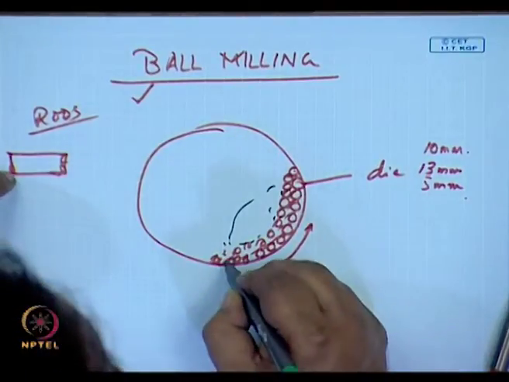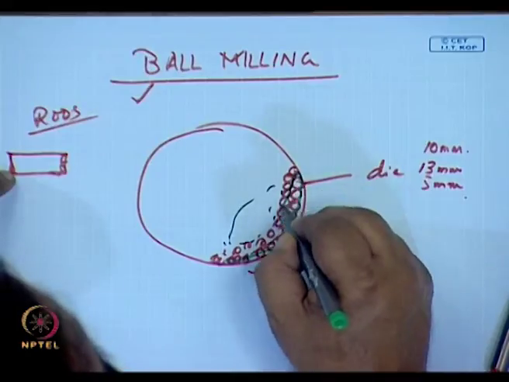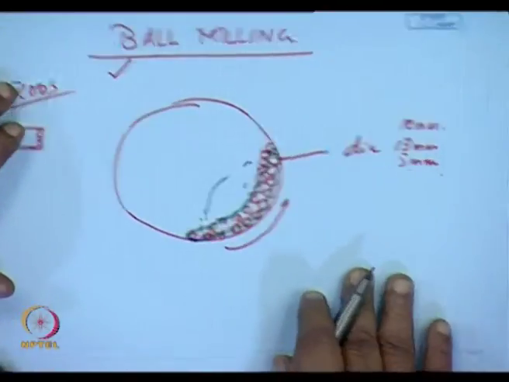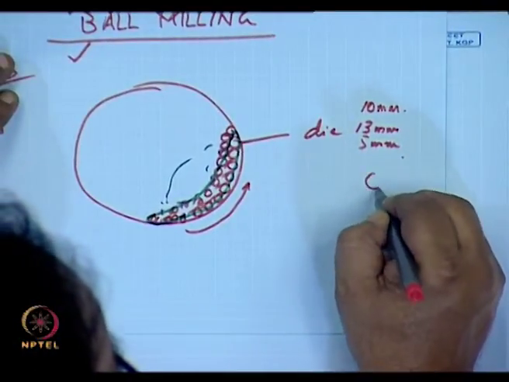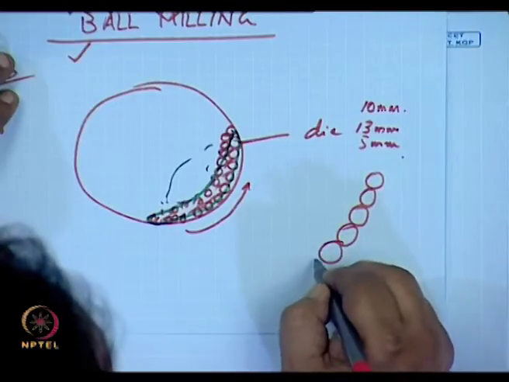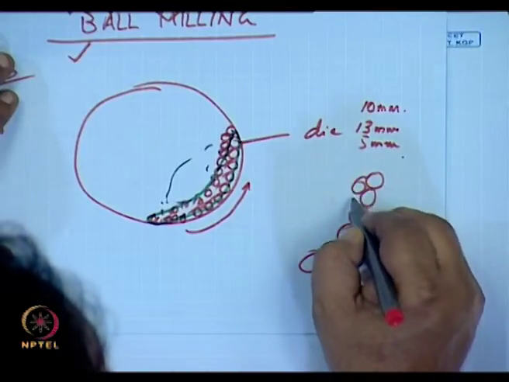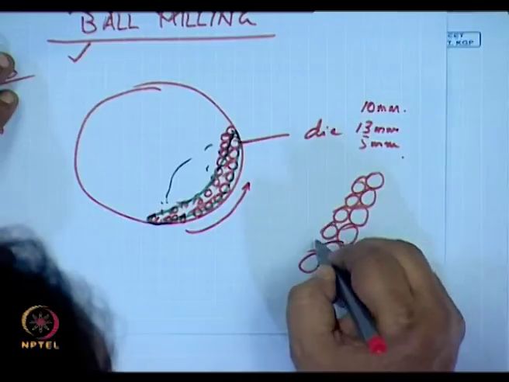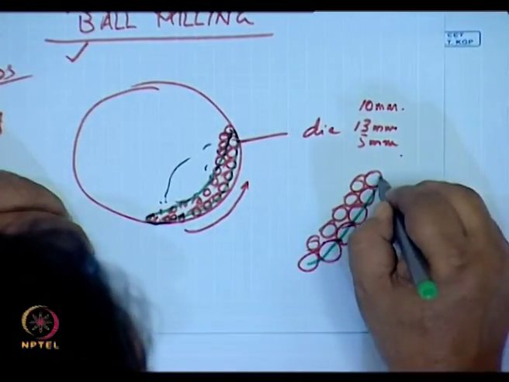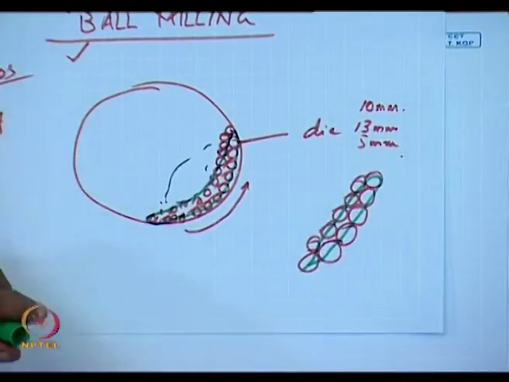The balls ride up and fall down. If I redraw this, they are going up here and falling back here.